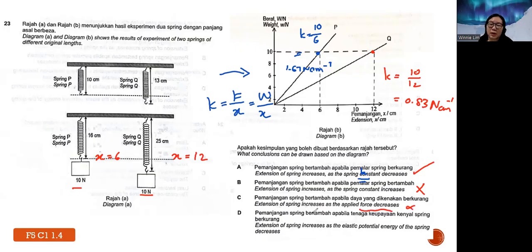Extension of spring increases as the elastic potential energy of the spring decreases. No, by right it increases as well. So based on the conclusion, the answer is A, because the more you extend, the more energy you store.